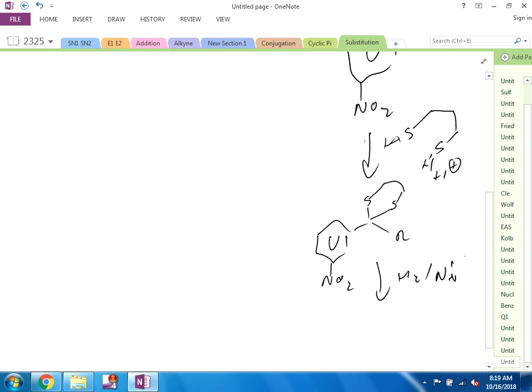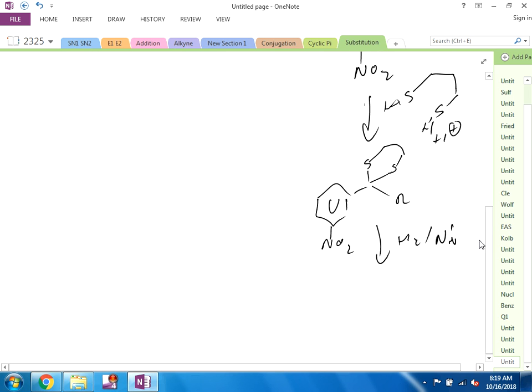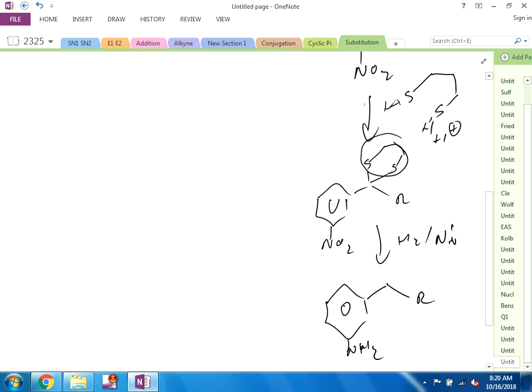In that case, we're able to reduce the carbonyl all the way down to methylene. In this case, it'll also reduce the nitro group, and we can get to this. And so we've got two groups meta to each other right there.